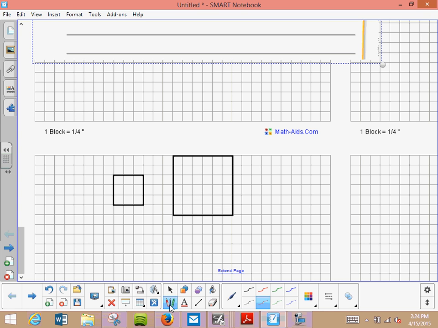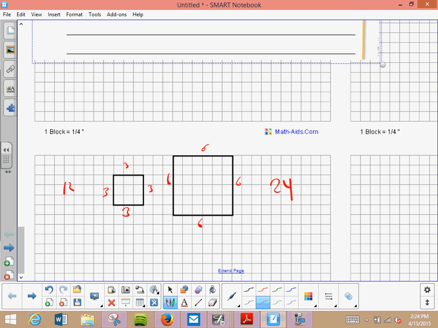Then you can agree that the perimeter, 3, 3, 3, 3, this is 12, will double. This should be 24, right? 6, 6, 6, 6, 24. So yes, the scale factor expands the perimeter as well.